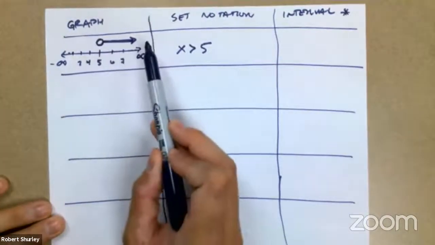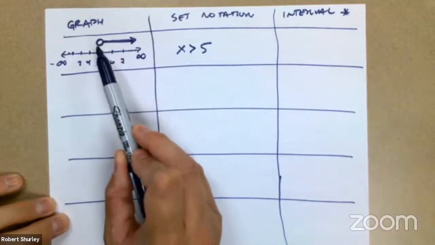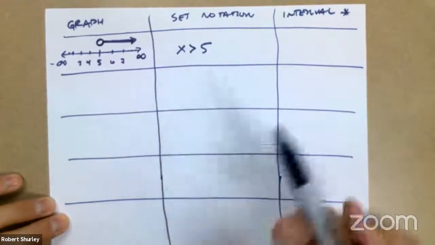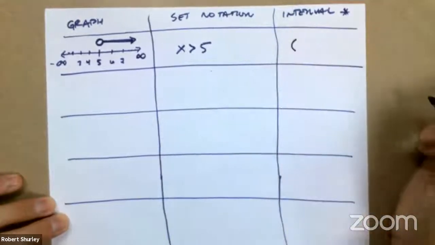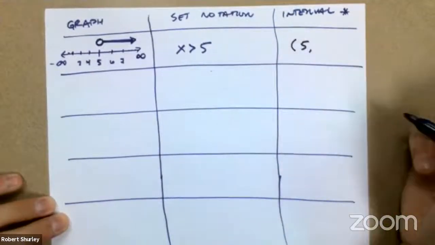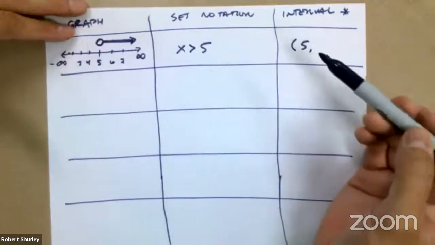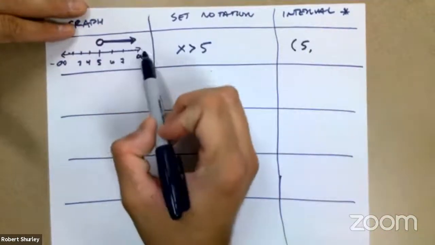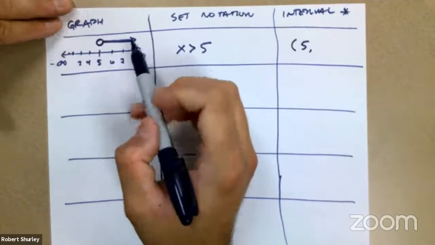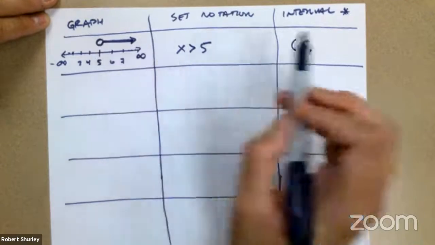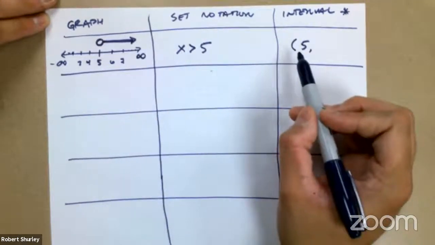The lowest our x can be is 5, but it's not included because it's an open circle. It's not an equal to. So we would put a parenthesis, 5. And the interval always goes from smallest to largest. On this graph, the smallest x can be is 5, but it's not going to include 5, so it gets a parenthesis.